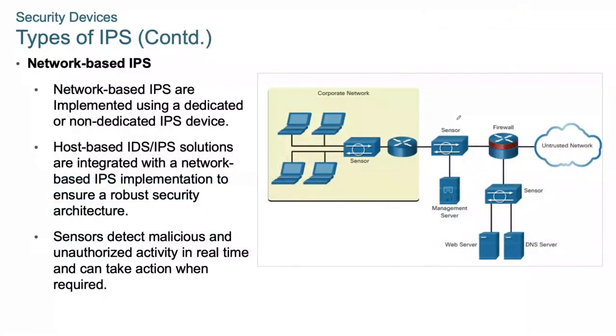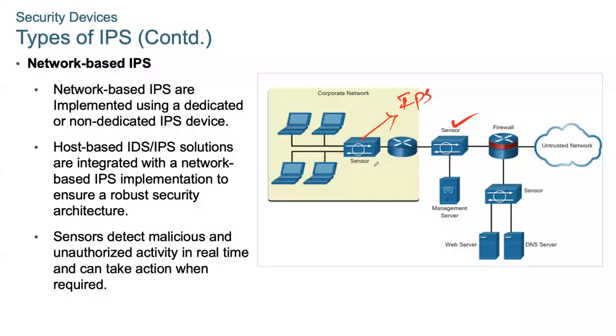So that is the network-based. As we said, in network-based IPS, there is a private network here. That private network is using a special IPS, intrusion prevention system, that exists between the exit point and entry point.